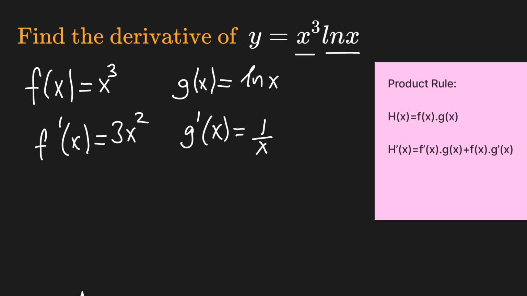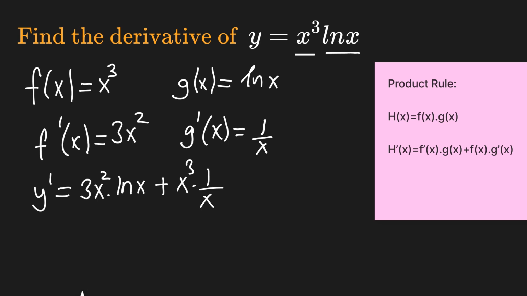If we substitute the functions and their derivatives, derivative of y is equal to first derivative of f of x, 3x squared, times g of x, ln x, plus f of x is x cubed and derivative of g of x is 1 over x.